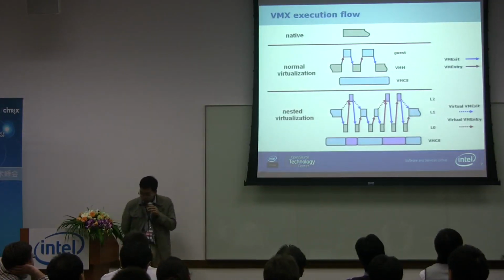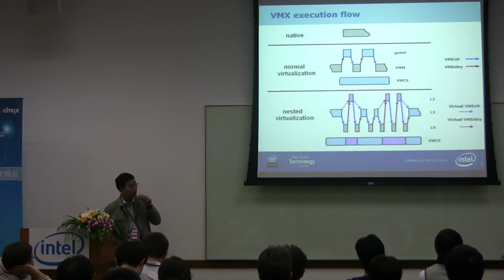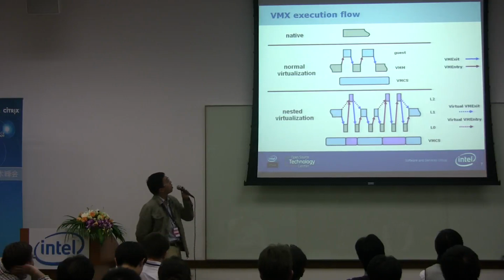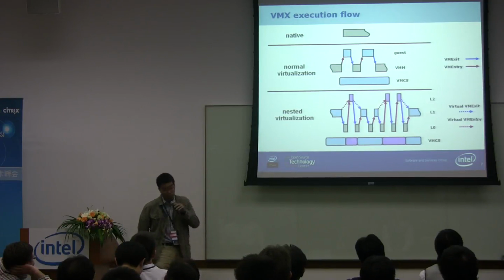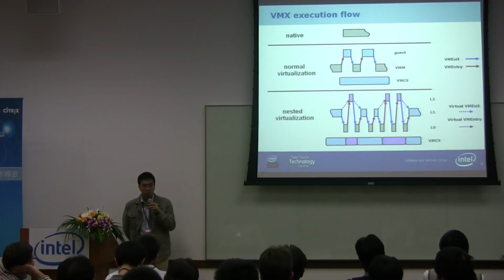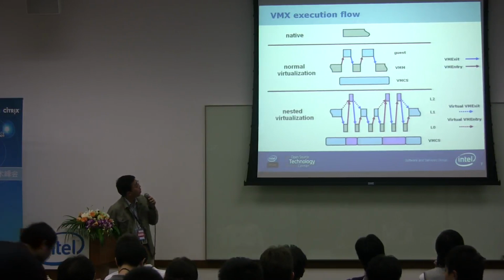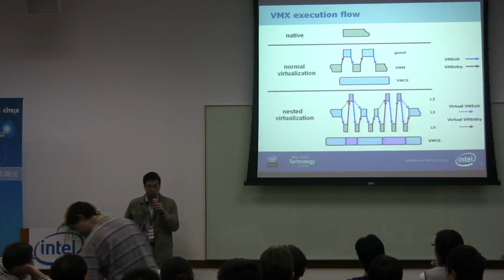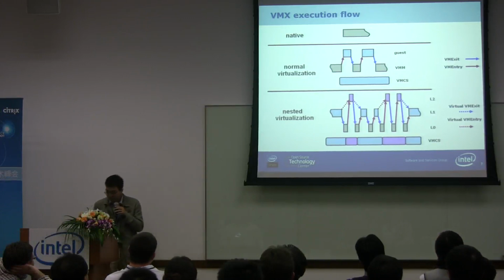So this is a closer look from the timing aspect of the execution of nested virtualization. The top level is a scenario of native execution. You see it has only one block to illustrate the execution of a single OS that fills all the execution.